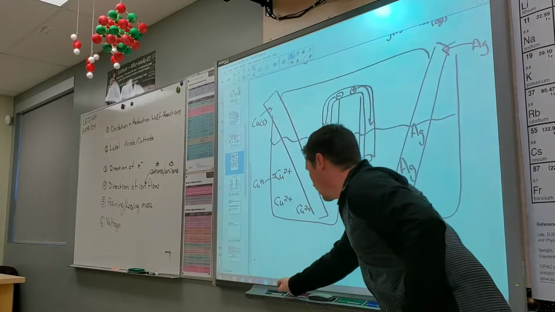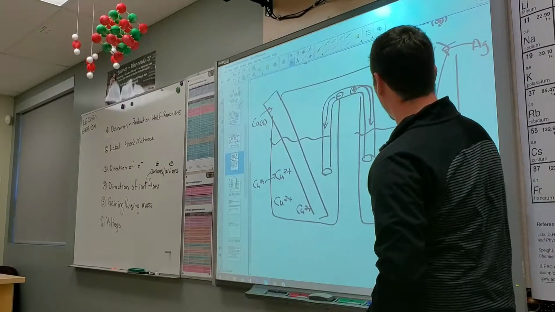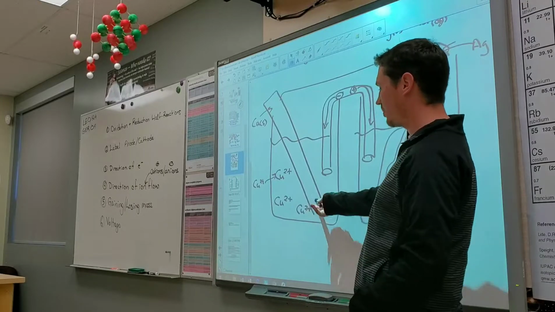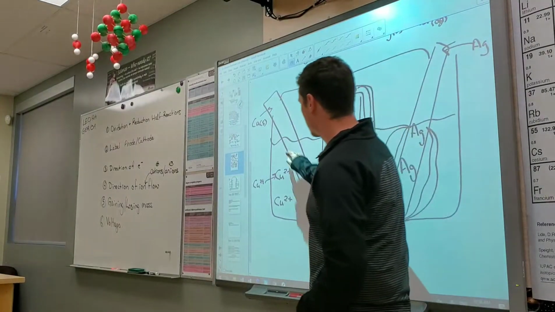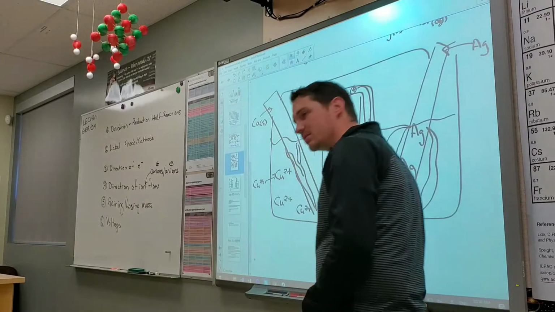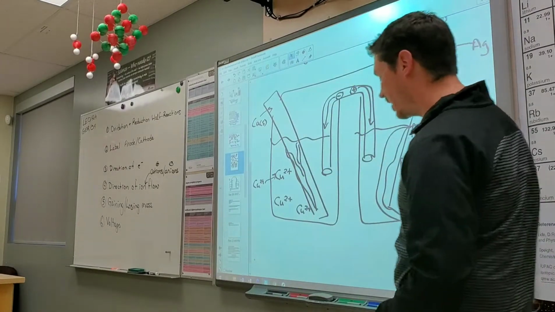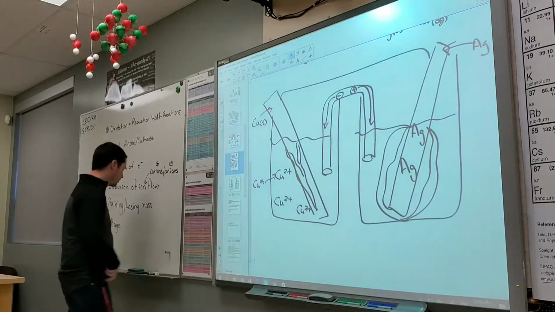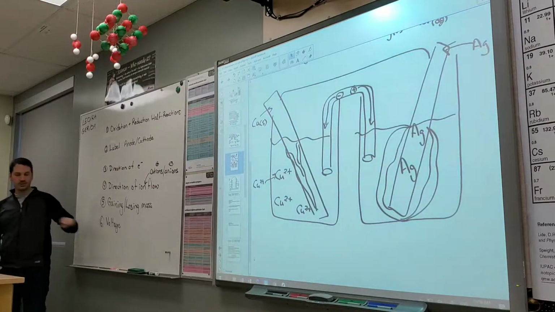So this electrode is going to get bigger and bigger. And what's happening to this electrode? It's going to get slimmer and slimmer. Does that make sense? Yes. Okay. It's really important you look at the half reactions when we're talking about that. And then voltage we'll talk about later.